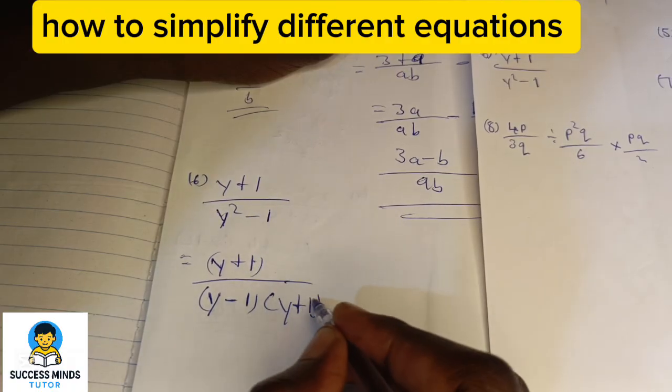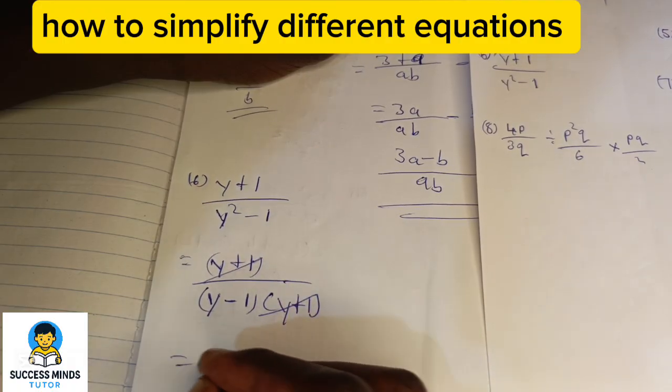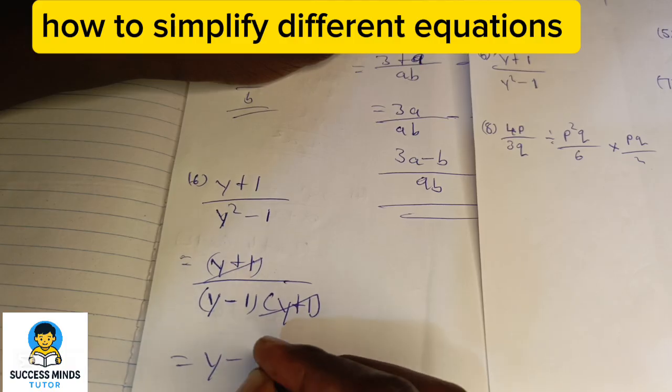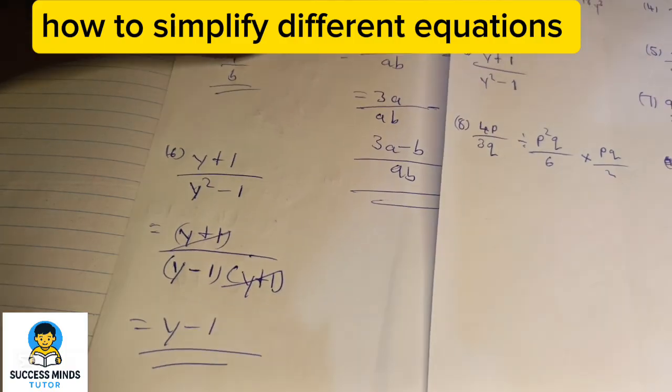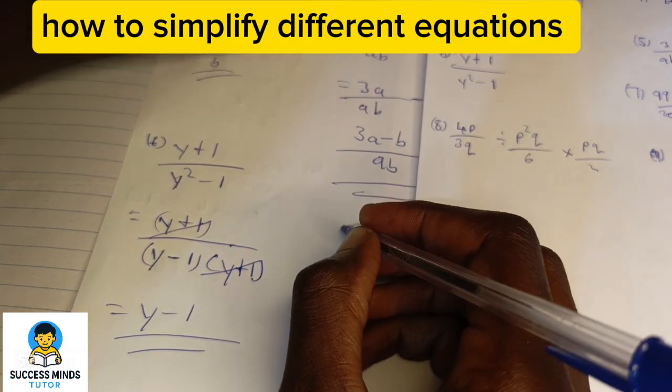So we see these are similar, so this one goes, this one goes. So the answer will be y minus 1. That's the answer. So we come to 7.